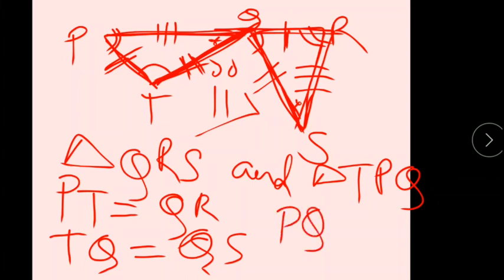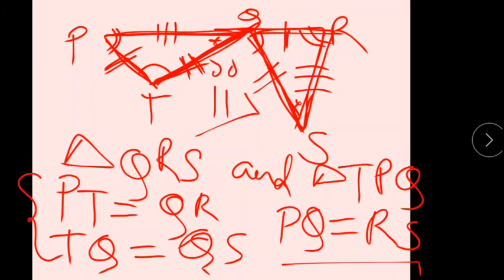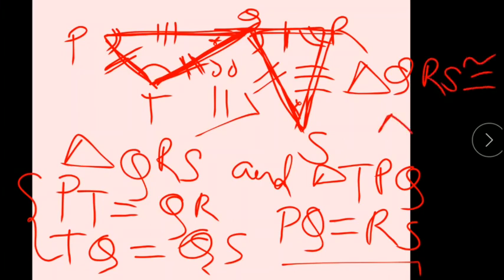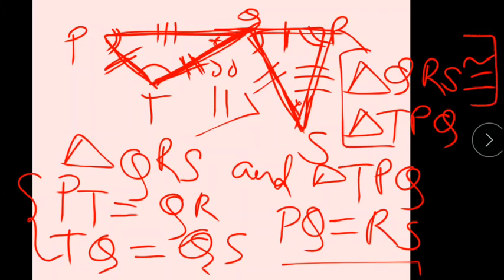If you get 3 points in a pair of triangles, then you can justify them as congruent. So we can write triangle QRS is congruent to triangle TPQ, which we have chosen. Let me make a gap here, T, P and Q. So this is our final job to do.